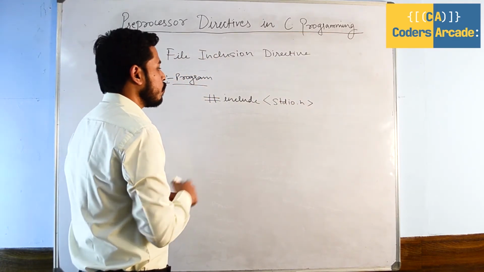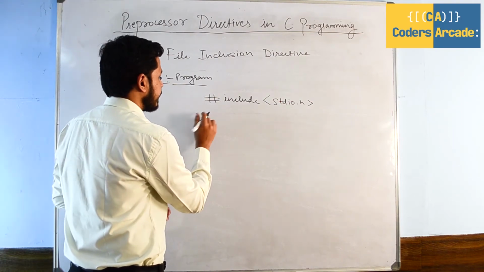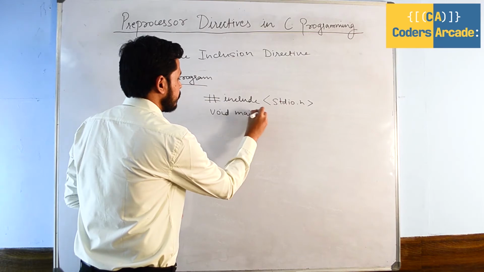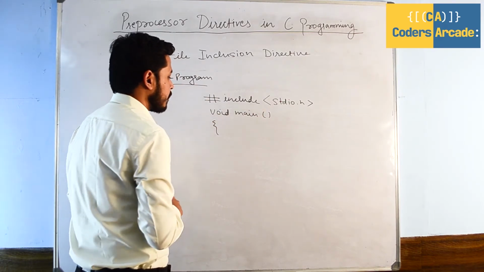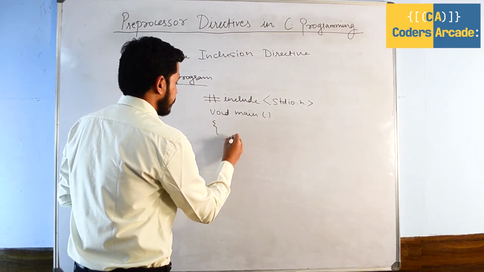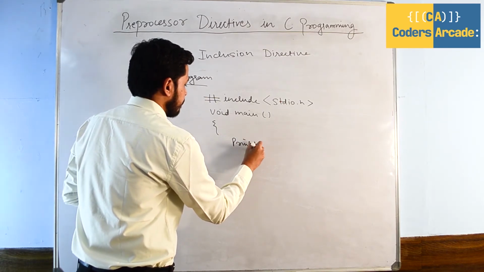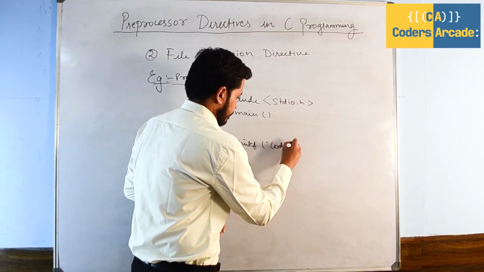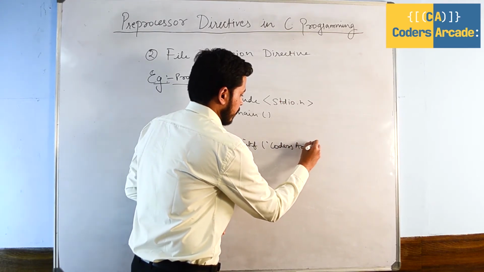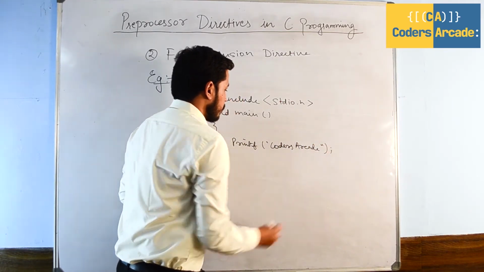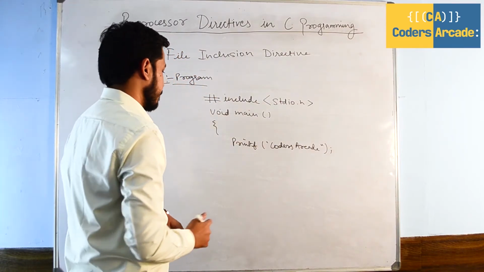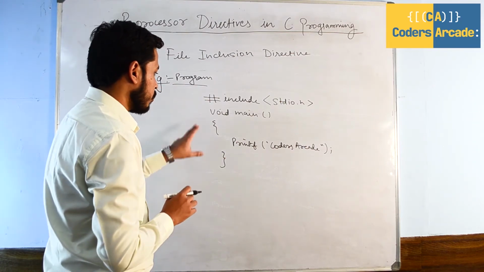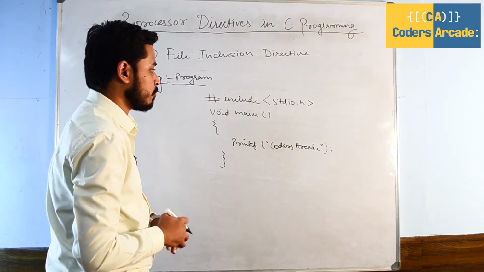Now #include stdio.h. Then I'll directly write my main function, void main. And inside my main function, I will just printf, let's say Coders Arcade. We are going to print Coders Arcade in our print statement, and then we'll close our main function and we completed this program.